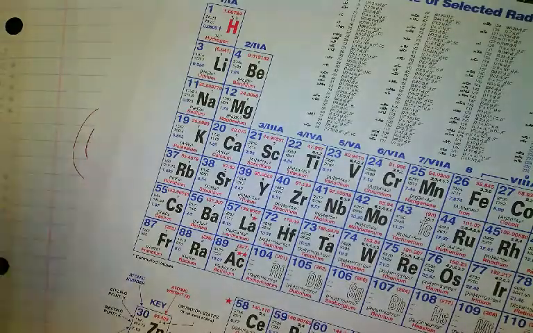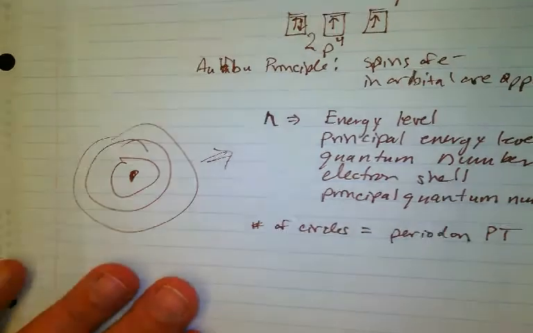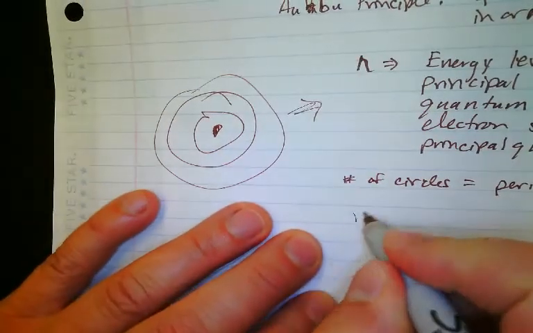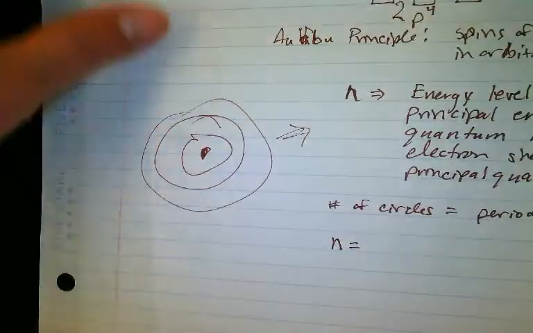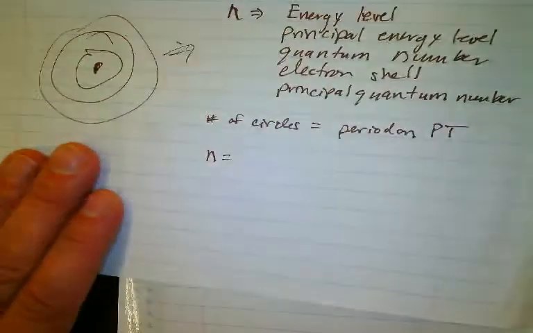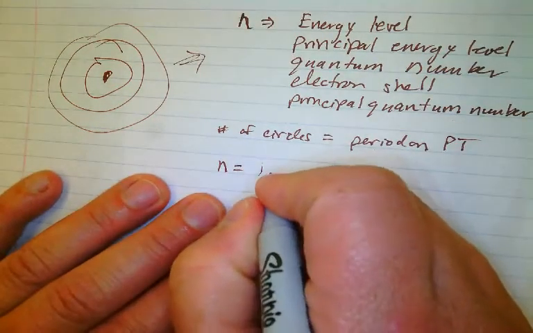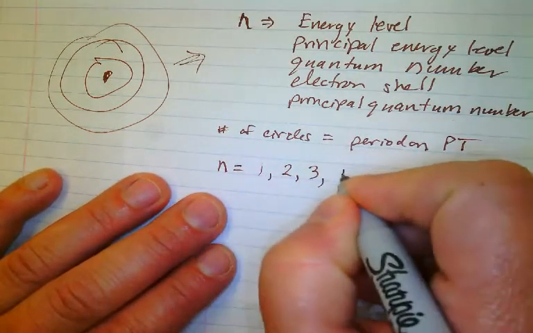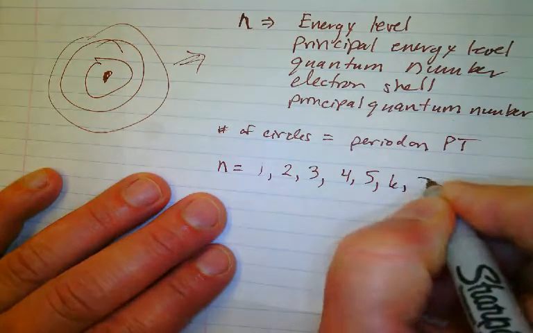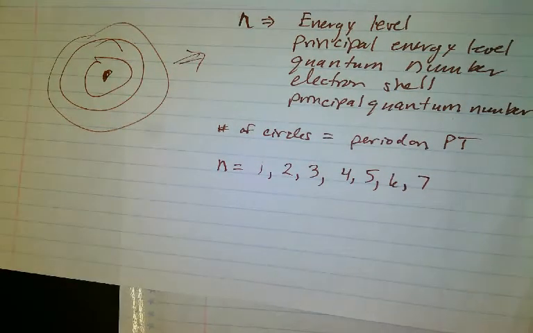Okay. So, n can only be what numbers? How many numbers can there be for n? Only 7. So n can either be a 1, a 2, a 3, a 4, a 5, a 6, or a 7. It's never going to be a 0. It's never going to be a negative number.